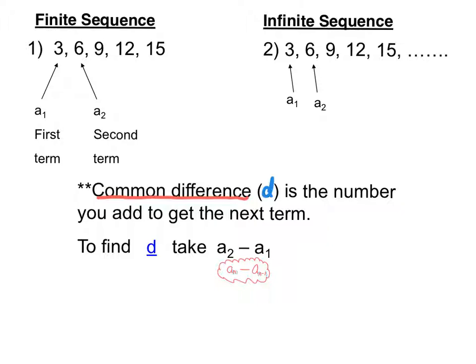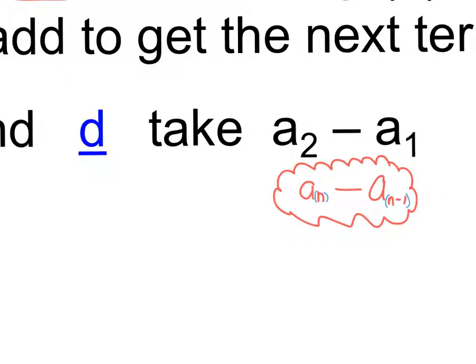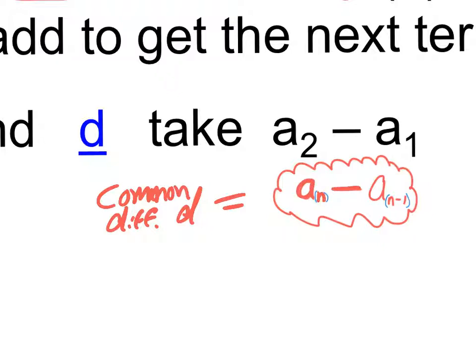Not only that, I would like you guys to copy down this. Write down common difference D is equal to a sub n minus a sub n minus 1. Write that down in your notes. Because it's not just your second term minus your first term.